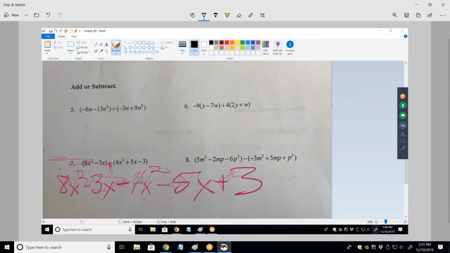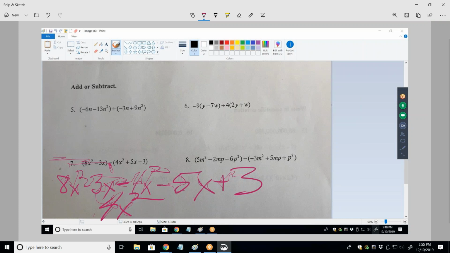Which combine to... We have an 8x squared minus a 4x squared. What does that equal? Remember, we're combining all like terms. 4x squared.